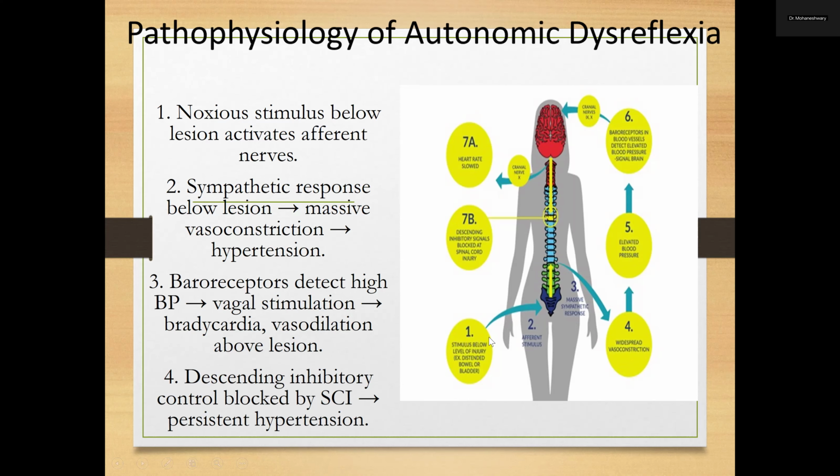It activates the afferent stimulus, leading to a massive sympathetic response. As I mentioned earlier, sympathetic leads to vasoconstriction, so there's widespread vasoconstriction, causing elevated blood pressure.